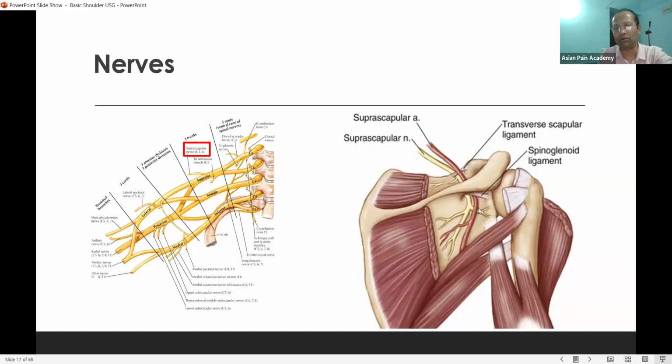Then it comes down and is found in the spinoglenoid fossa. There are two fossas, one is the spinoglenoid fossa and one is the supraspinatus fossa. The suprascapular nerve can be targeted in both areas, but remember, when you are targeting at the supraspinatus fossa, then it is a motor nerve.